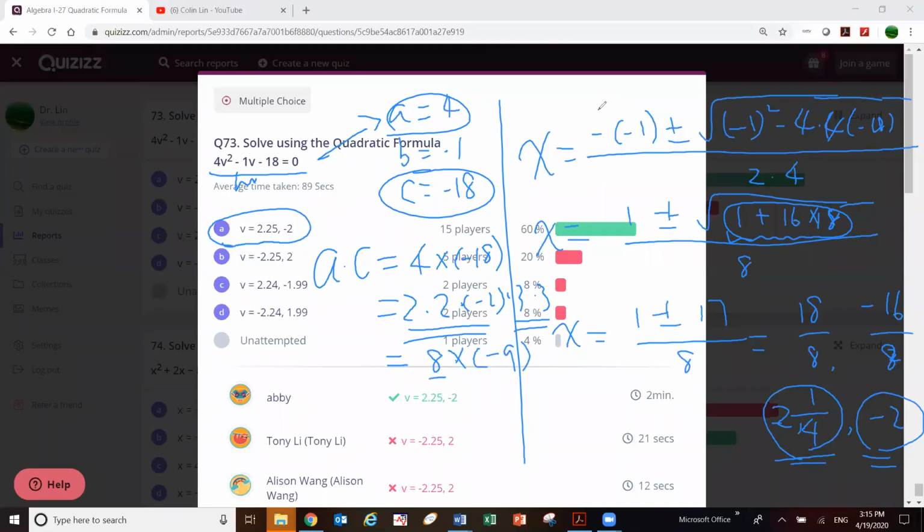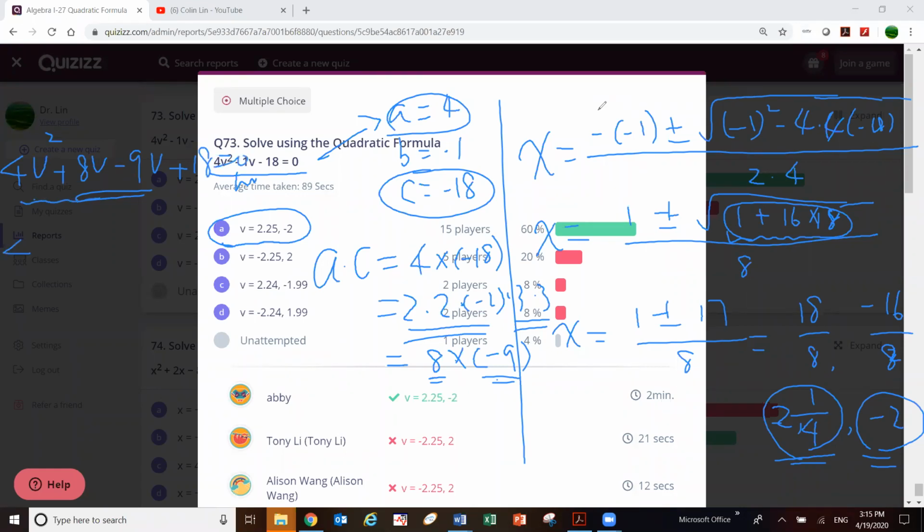The sum of these two factors is negative 1. So this can be changed into 4v squared plus 8v minus 9v minus 18, equal to 0. This is just like breaking down, right?